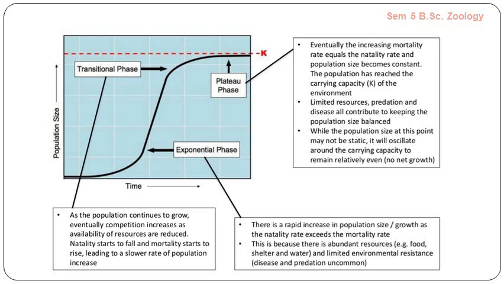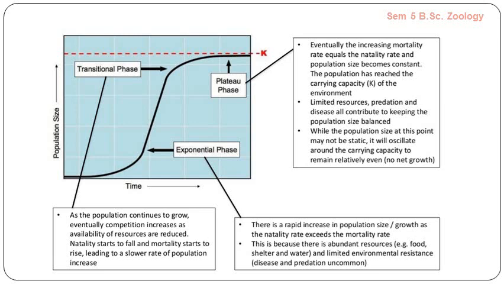So that phase is known as the negative acceleration phase, and eventually it results in the plateau phase or the stationary phase. Here the number added by way of reproduction or natality is almost equal to the number reduced by way of mortality, and hence the population growth becomes almost constant.